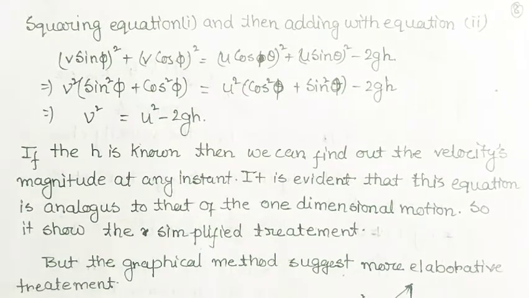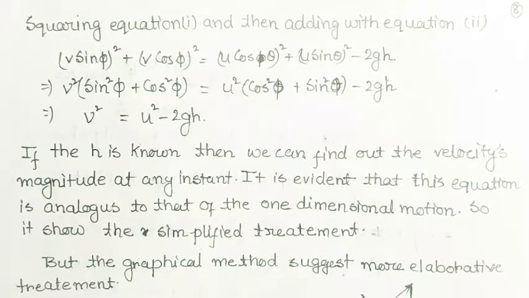If you just cram this one, you will forget, and in the exam hall pressure, it will not come to your mind. So it is better to know the background of this formulation. So v square equal to u square minus 2gh. Why can you use this formula in case of projectile motion? The vertically upward motion formula you can use in case of projectile motion. Why can you use this?